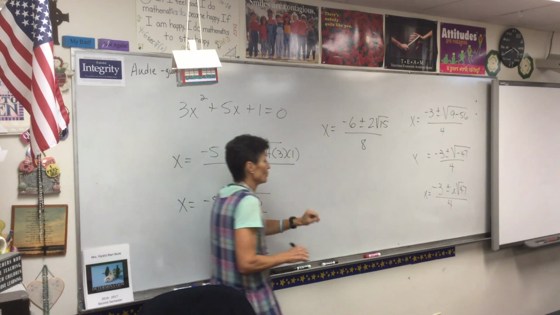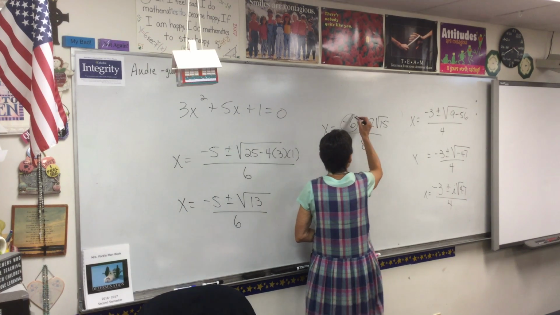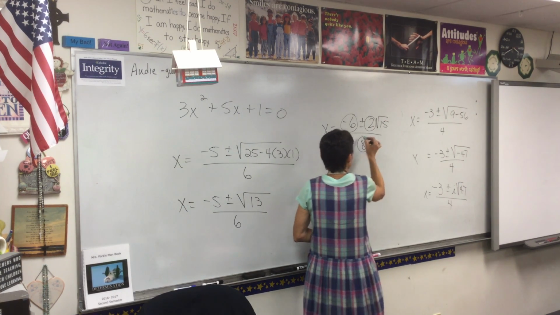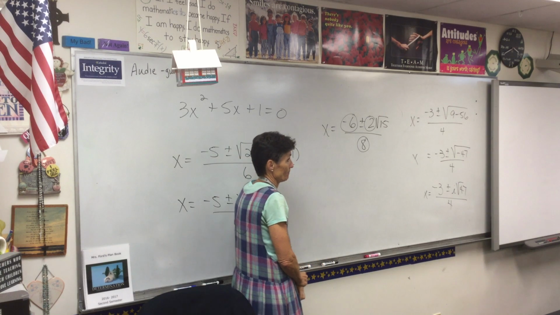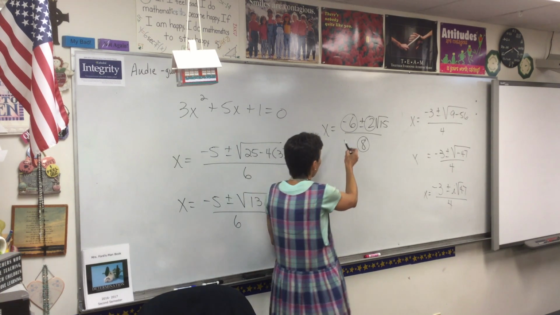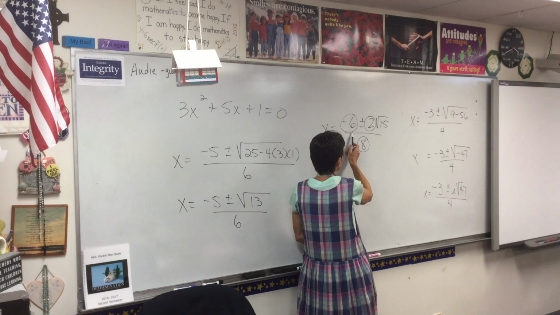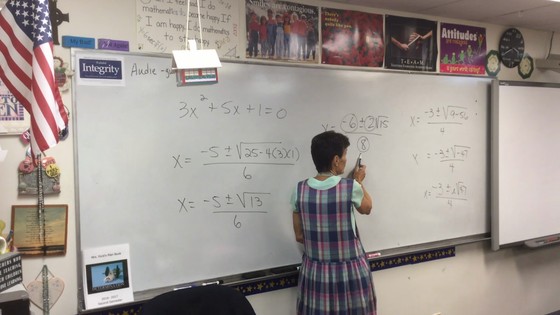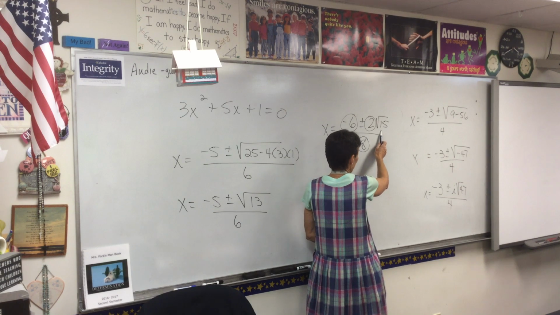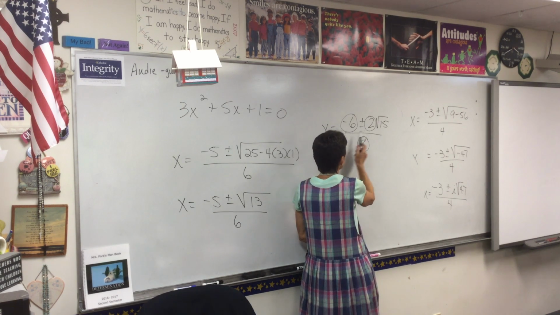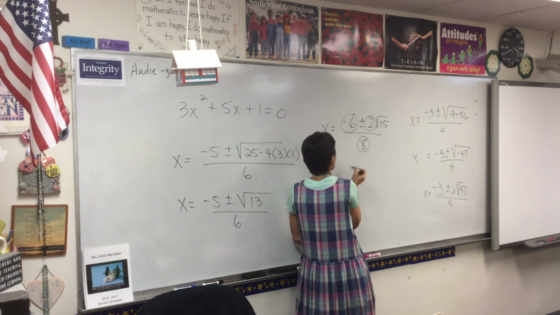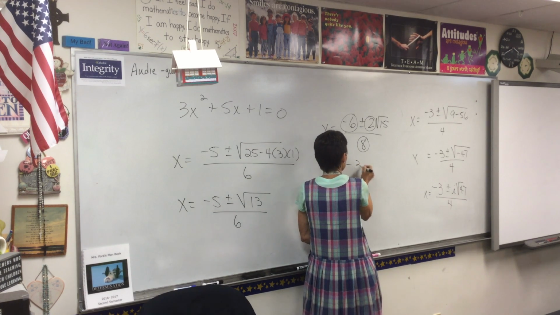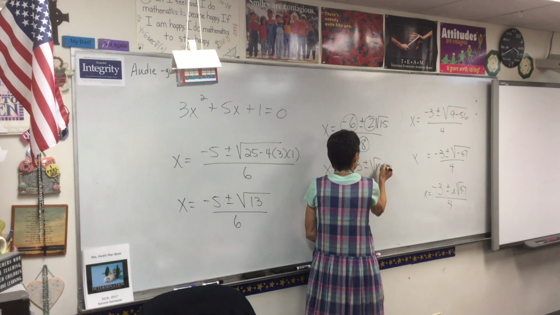If you do, you are required to reduce the fraction. If there is a common factor, a GCF, in all three positions, notice, not inside the radical, but outside the radical, you are required to get rid of it.